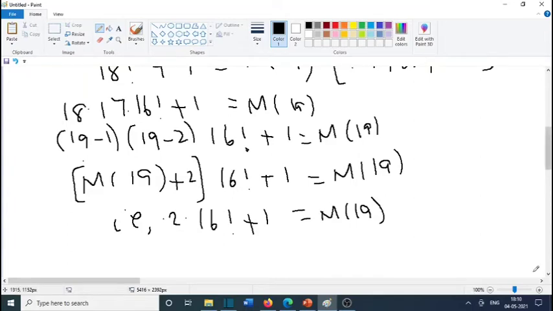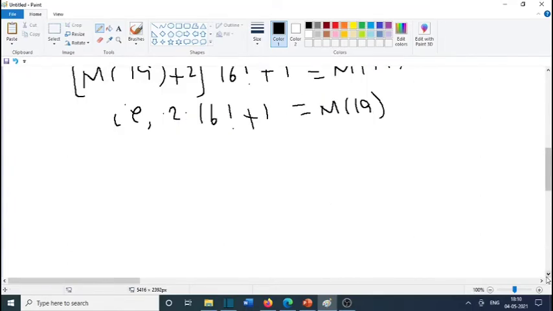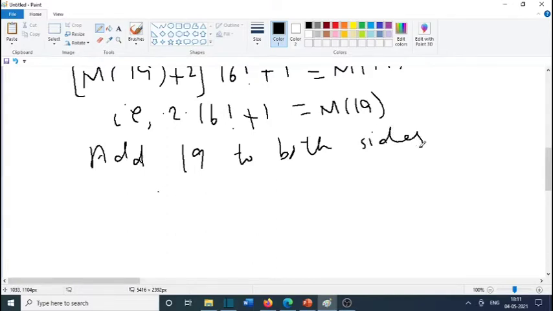Now add 19 to both sides. So 2 into 16 factorial plus 1 plus 19 is 20. Right side is a multiple of 19 plus 19, again a multiple of 19.